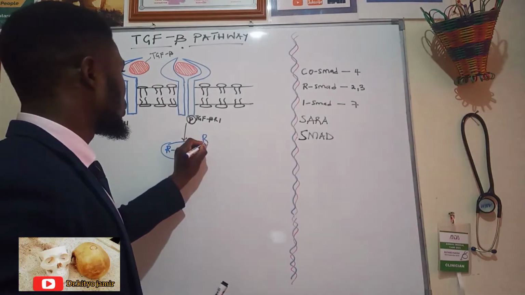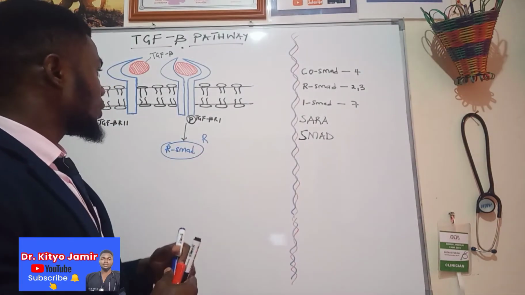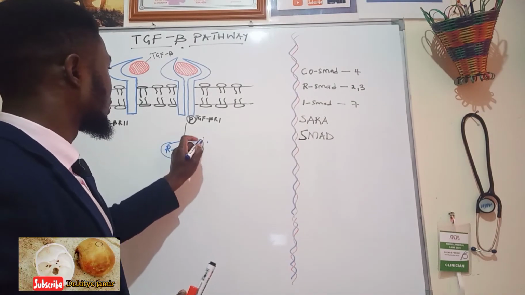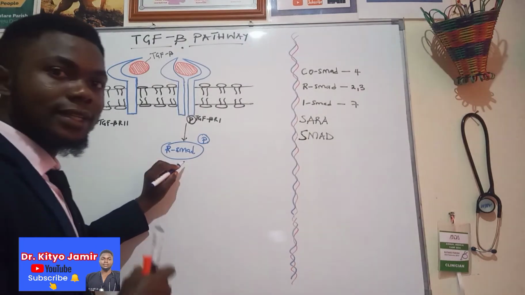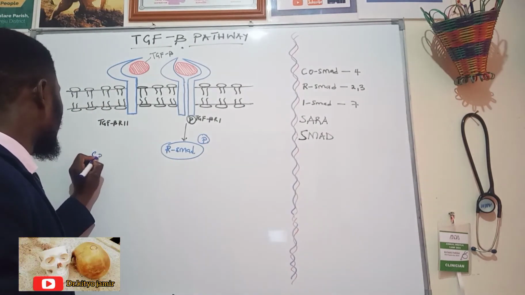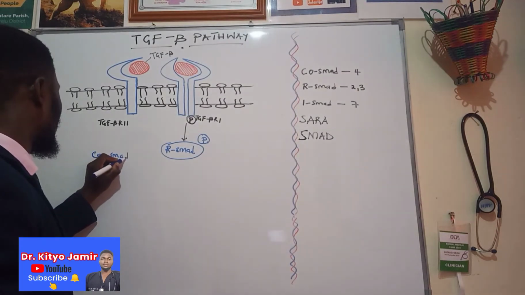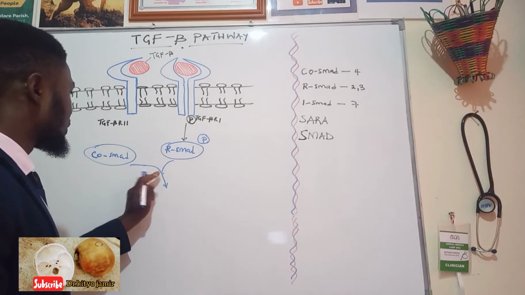So this is going to phosphorylate our receptor-regulated SMAD. Once this one is phosphorylated, it's going to complex with costimulatory SMAD. So these two are going to form a complex.